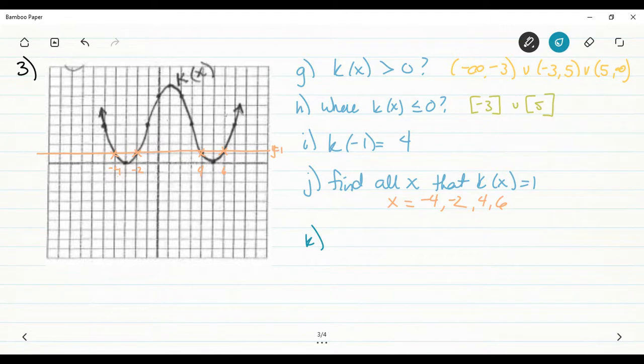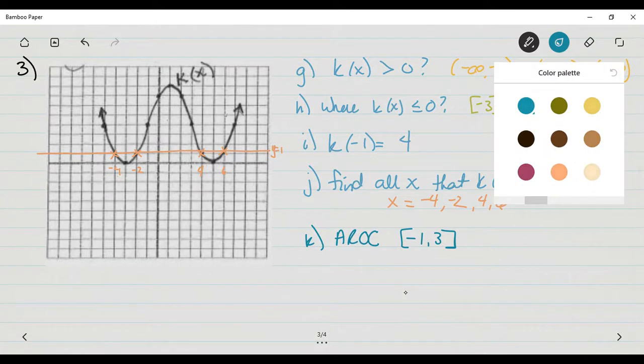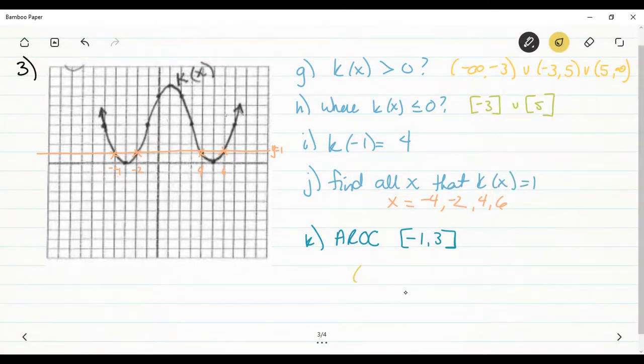Okay, last but not least, we are looking for average rate of change over the interval -1 to 3. As we did before, we are looking to find the coordinates associated with those 2 points. When x is -1, looking at our picture, we are here at +4.